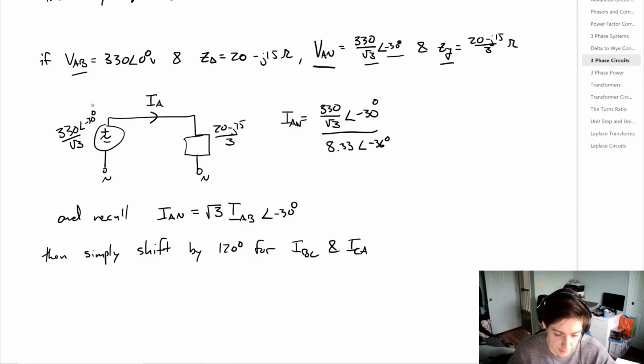So then our circuit looks something like this, and we can solve for the line current IAN. And then once we do this calculation and find out what this value is, we can simply convert back to the line current simply by square root of 3, and then minus 30 degrees for the phase angle. Shift by 120 degrees for IBC and ICA, and then you get all your values. So it's a little bit of work, but it's a lot easier than trying to deal with a delta to delta system or delta to Y.